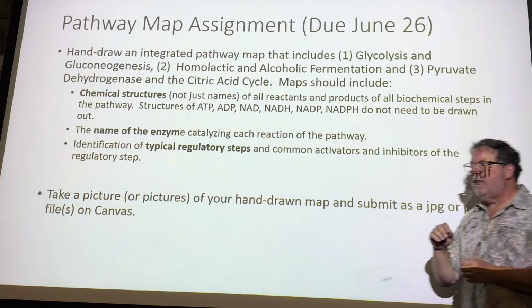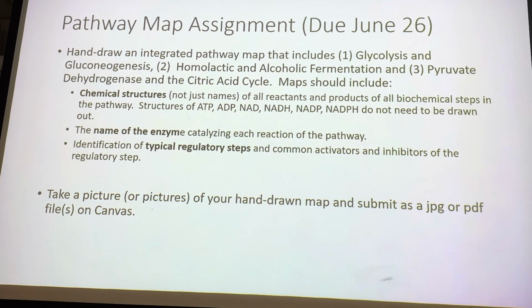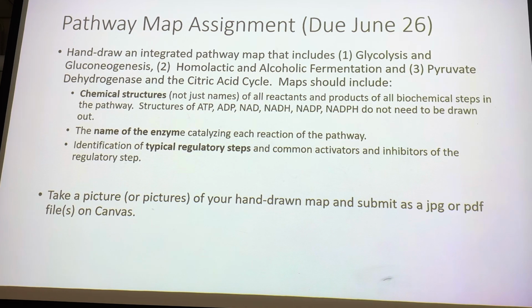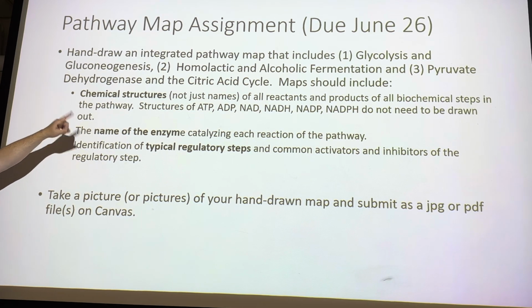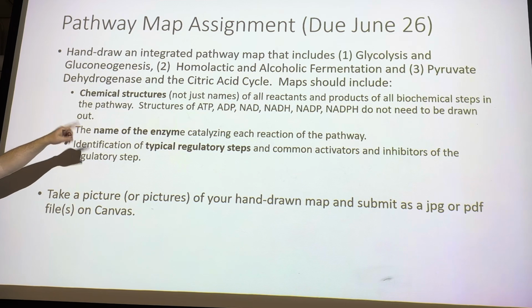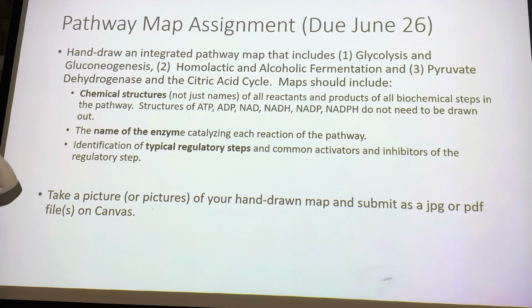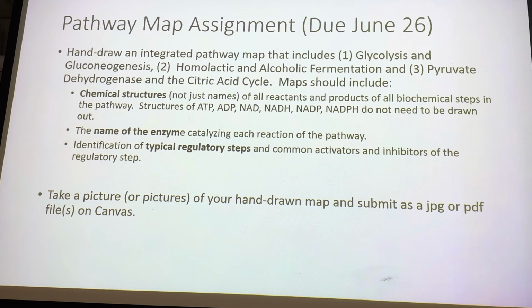Chemical structures. You'll see some maps out there if you surf around that just have the names. But this is a biochemistry class, so we like to think about the chemical structure and understand the chemistry of what's going on. So draw all the chemical structures of all the reactants and the products. You don't have to draw the structures of ADP and NAD and all of those, but for all those intermediates in the pathway, you want to put the chemical structure.